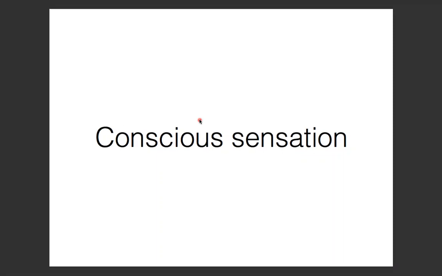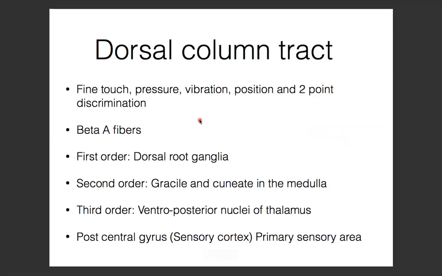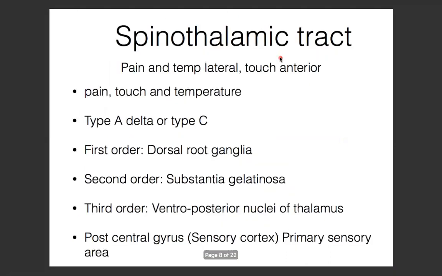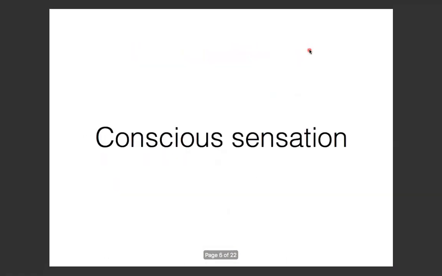As we said, conscious sensations are sensations you're able to tell or able to feel. Here we have the dorsal column tract and the spinothalamic tract. So for conscious sensation there are two: the dorsal column and the spinothalamic. Both are ascending conscious tracts, meaning you're able to understand the feeling that you're feeling.